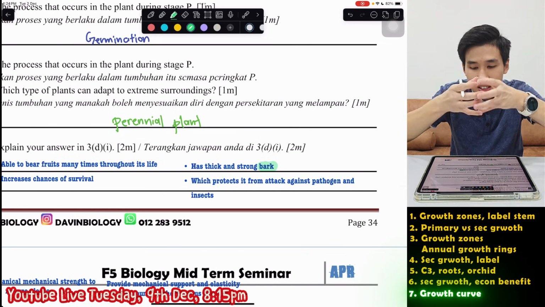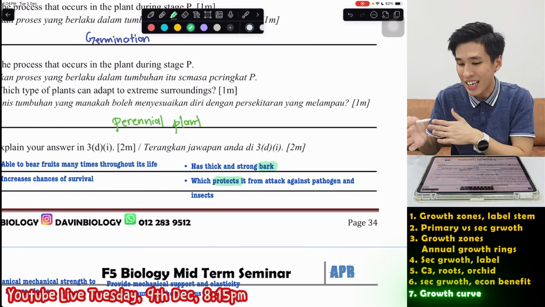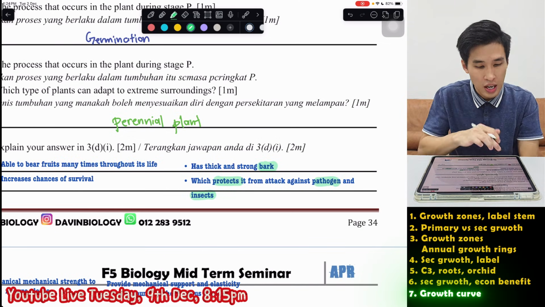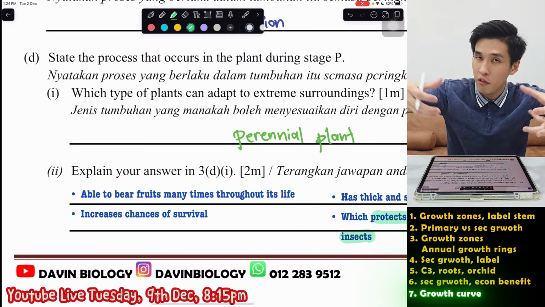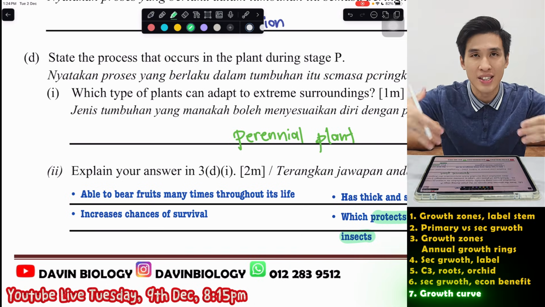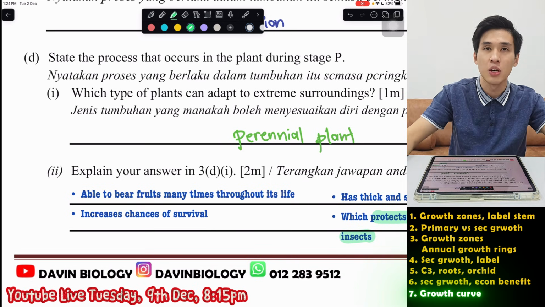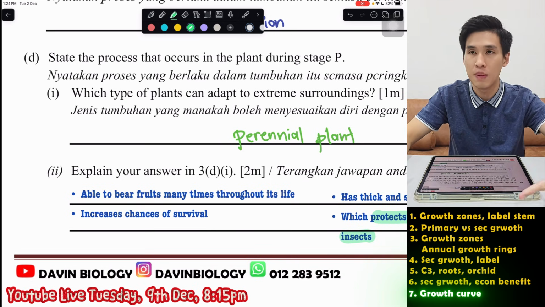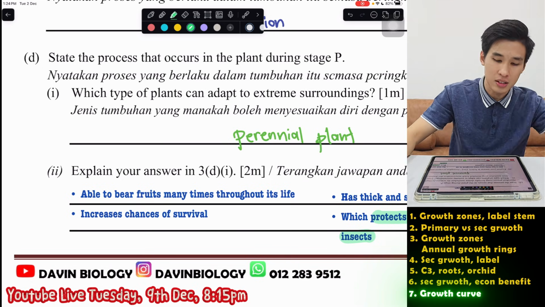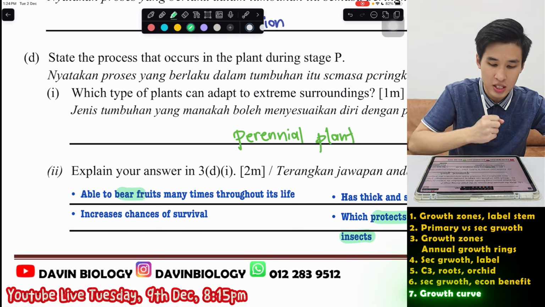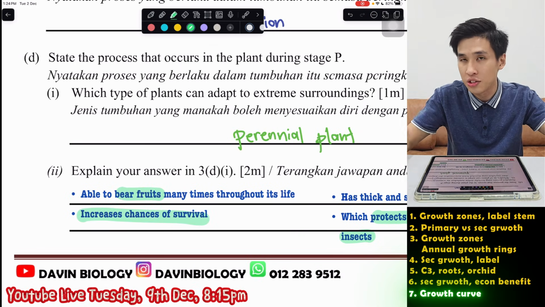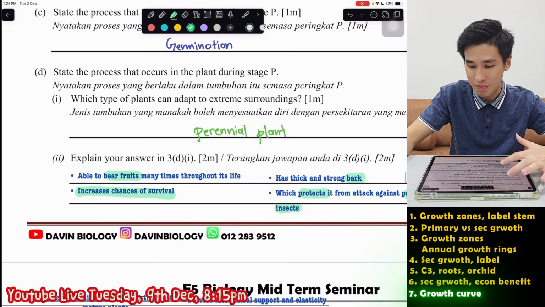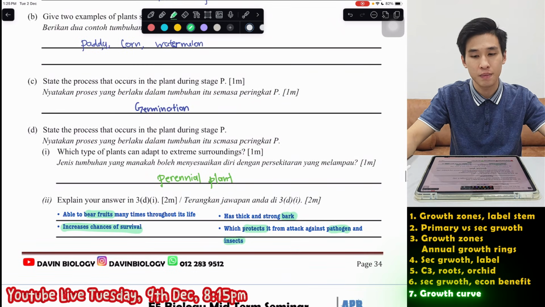Bark protects the plant, remember just now, from insects and pathogens. Other than that, since they live for many years, they can produce fruits and seed many times, which means they can reproduce many times, so they can make sure that they won't go extinct easily. Yeah, so they can bear fruits many times, so it increases chances of survival. So these are the main points that you can say.